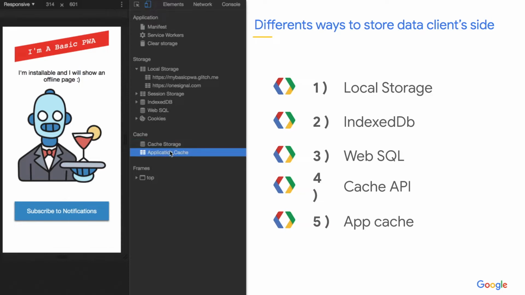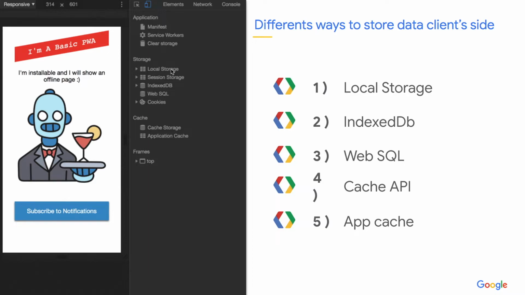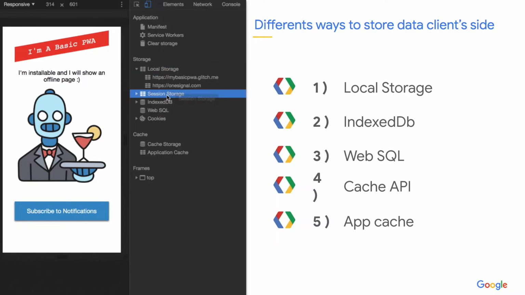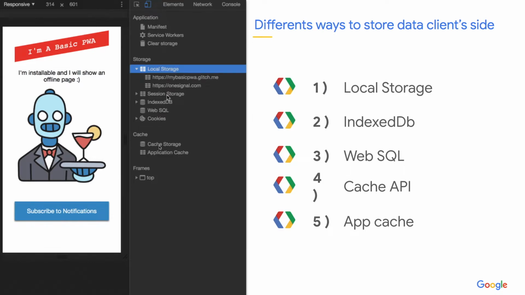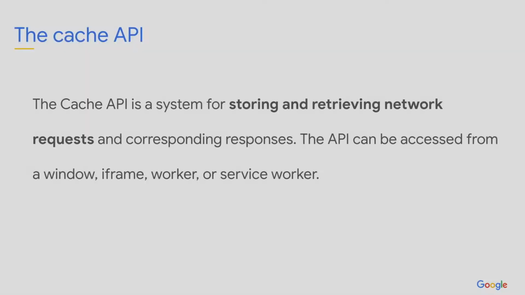We will talk about the Cache API. The Cache API is a new API to store data on the client side. You can see it here, cache storage, on the application tab of your DevTools.